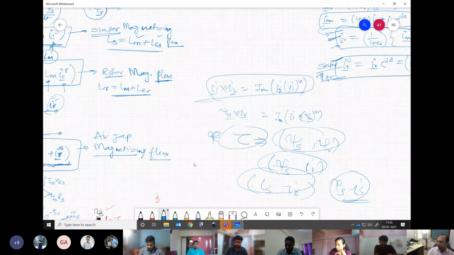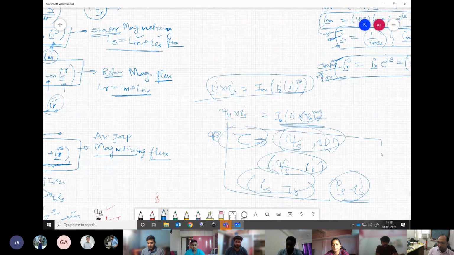Understanding my point? Take any basic form. You take this as the basic form, and then you replace the values of psi m, and go on replacing with psi s, psi r, is, ir, and you will be able to make your torque equations in terms of all these quantities. So you may try it once on your own.